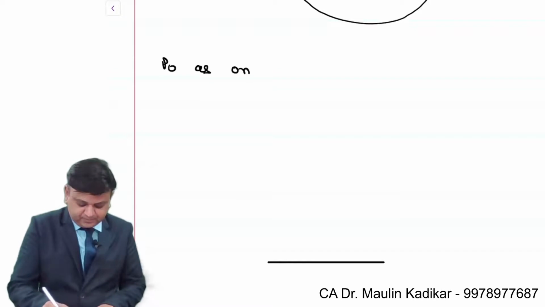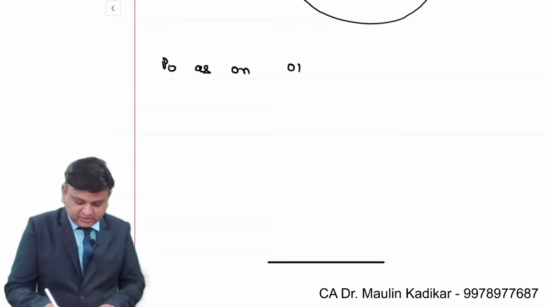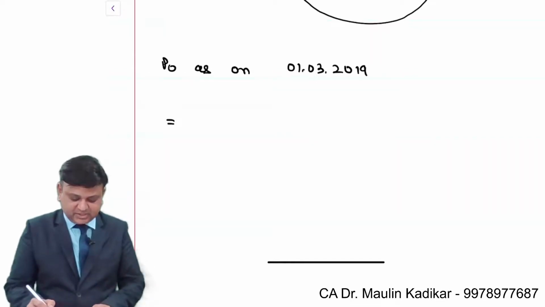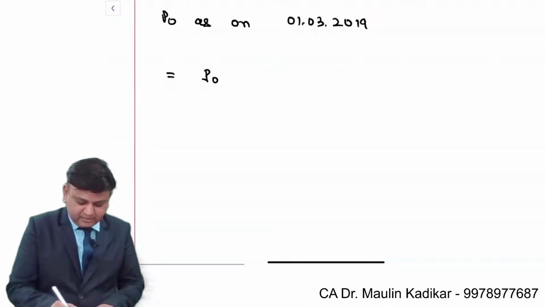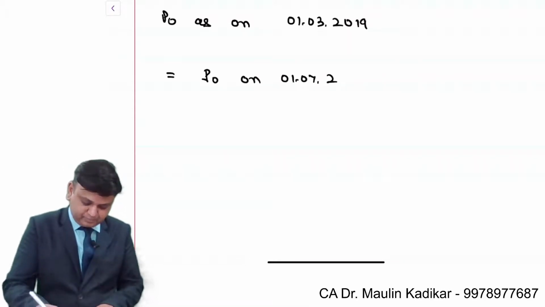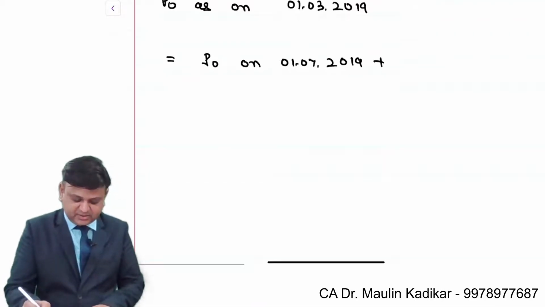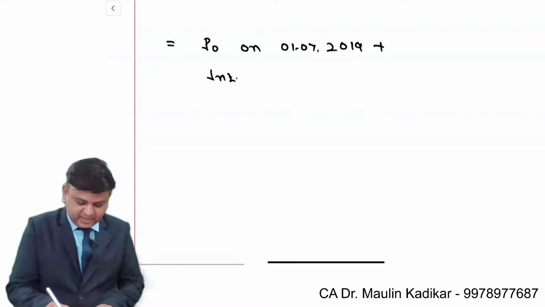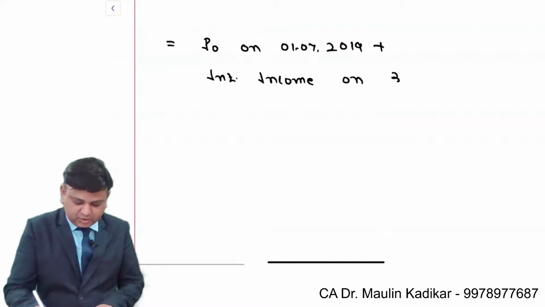P0 as on 1st of March 2019 is equal to P0 on 1st of July 2019 plus interest income on 30th of June 2019.